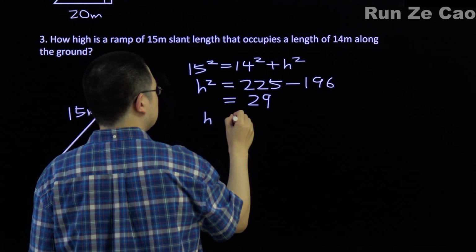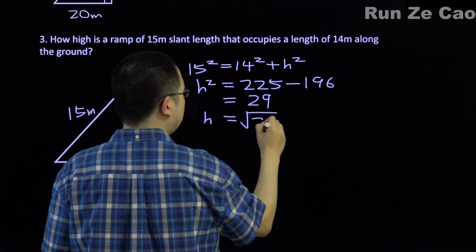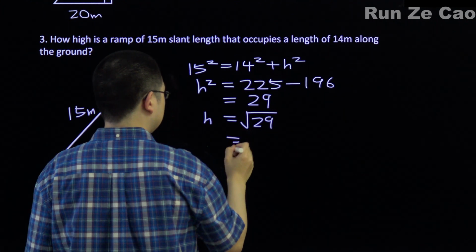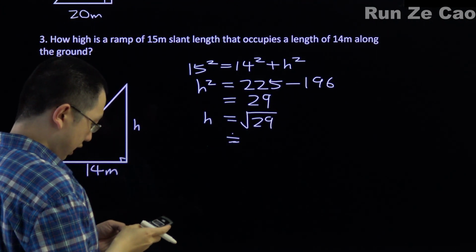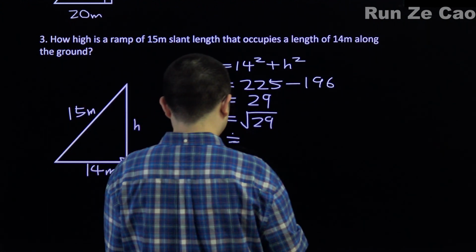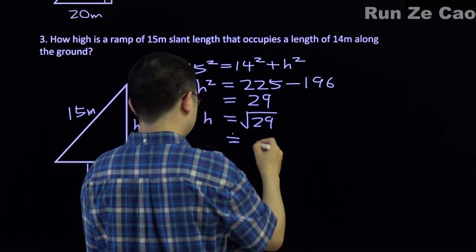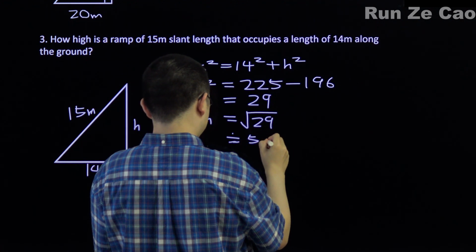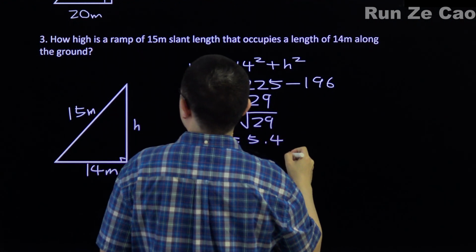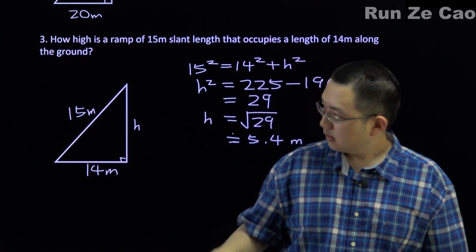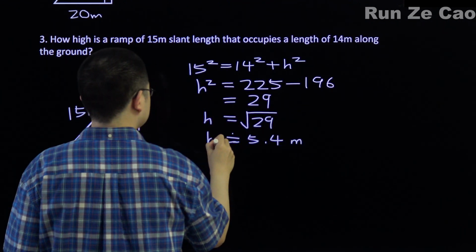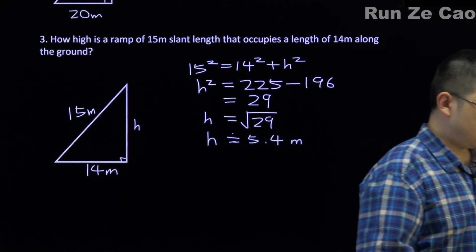And that means height is equal to the square root of 29, which is approximately 5.385 and so on. So 5.4. And the units are in meters. So yeah, we should relabel that. Height.